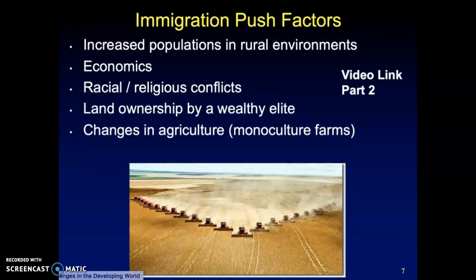We have farmers now farming 500 acres of just corn or just beans, or half beans, half corn, etc. This decreases opportunities for the small family farm. They just financially can't afford it. You can't support yourself and a family on 40 acres of land and a few animals, maybe a small bit of livestock. So agriculture and these monoculture farms, large-scale farming, has really pushed a lot of people out of the rural communities towards urban environments.